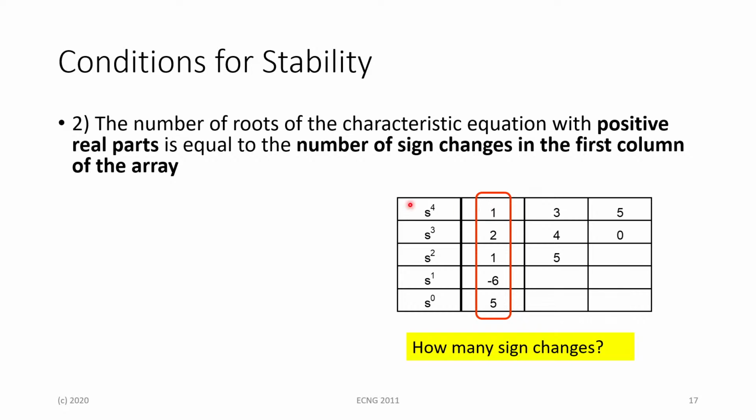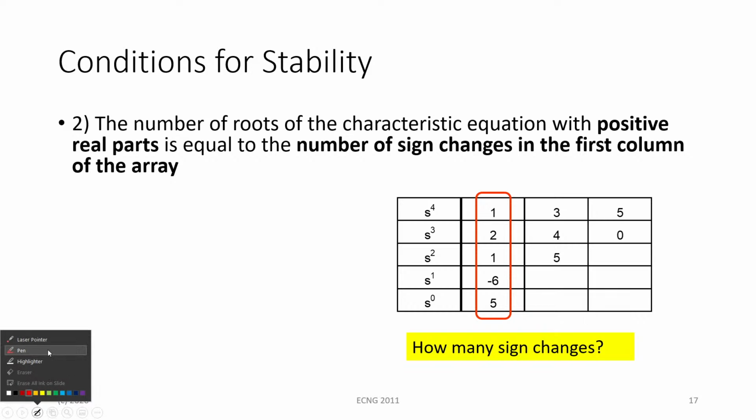But in observing how many sign changes occurred in our first column, we see that from here to here, from S4 to S cubed, there's no sign change, so that's perfectly alright. And from here to here, it's still positive between the two values, so that's perfectly alright as well.